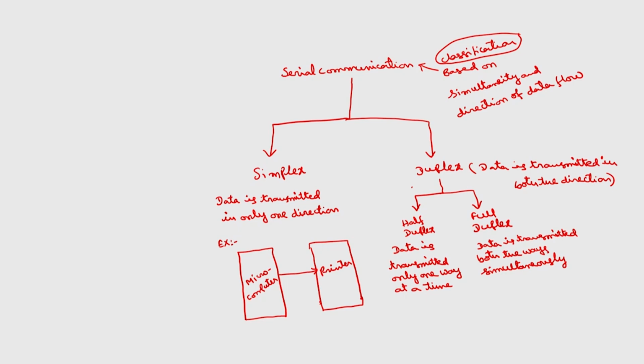The example of both half duplex as well as full duplex is computer to computer communication. This is microcomputer 1 and this is another microcomputer 2. We are going to transmit through a serial line.